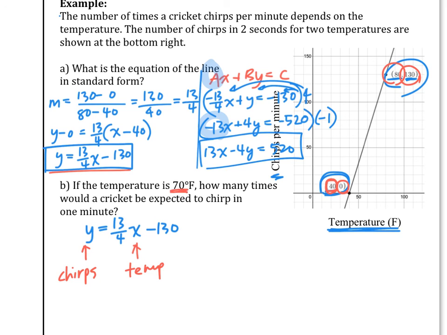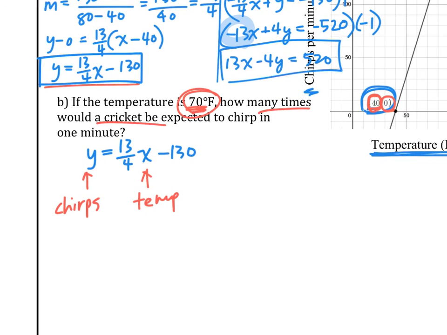So the question is, if it's 70 degrees, how many times will the cricket be expected to chirp? So 70 means what? Temperature. Temperature is what? X or Y? X. So then the question really is, when X is 70, what is Y? When X is 70, what is Y?